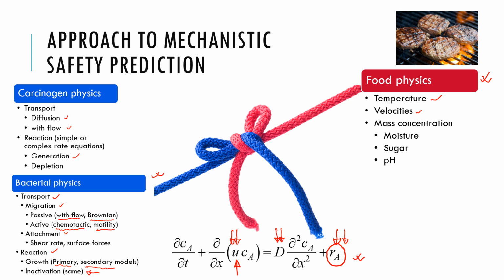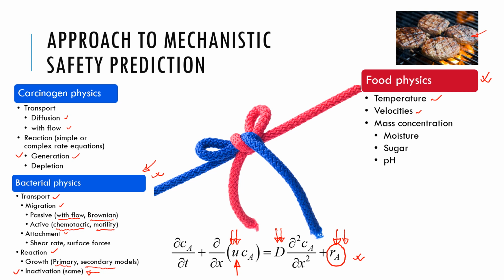We're going to combine the food physics, the physics of how the hamburger cooks, and the temperature varies inside, and if there are flows of liquid coming out of the meat and so on. We do all of that, and then we combine that with the bacterial physics, which would include inactivation, for example, of microorganisms. Or, for carcinogens, it can be generation of the carcinogens.